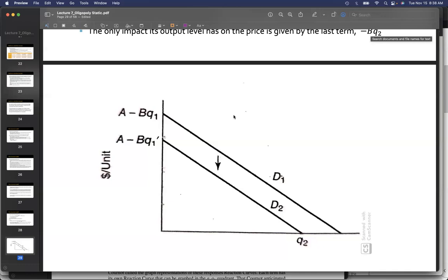So these demand functions here are what's called residual demand, because this is what remains to firm 2 after you remove the output of firm 1. That's why it's residual demand. And the point of this picture here is the more the other guy makes, the lower your residual demand is, because there's less left for you.